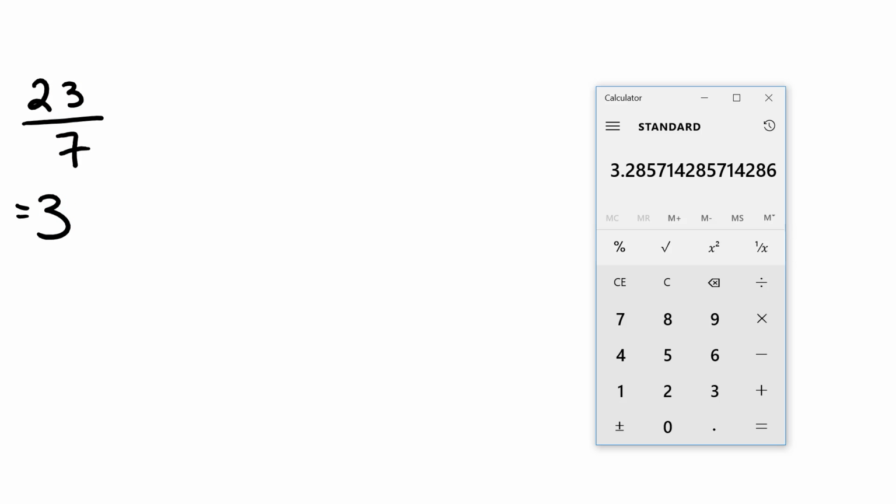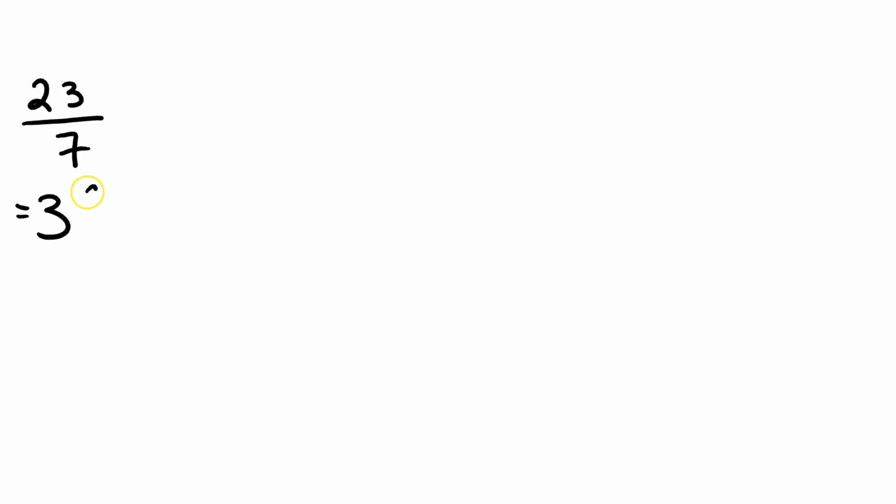So I say 23, which is the numerator, minus 21, which is the denominator times that big number, is 2. So we're left with 3 and 2 sevenths.